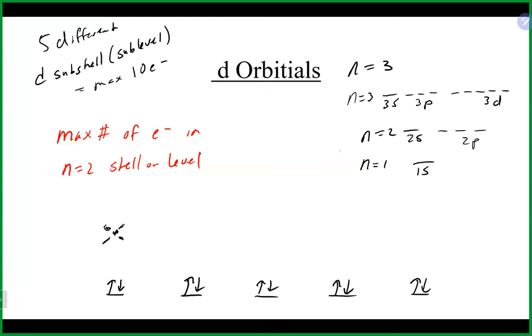The n equals 2 shell or level would encompass everything on that energy level, which means each of those could hold 2, which means you could do 2, 4, 6, and 8 electrons if you max it out there, right?